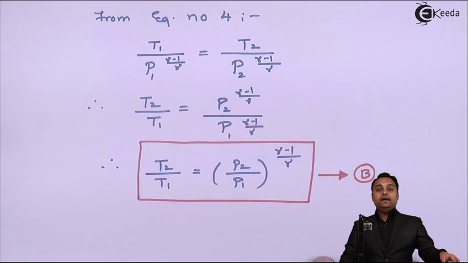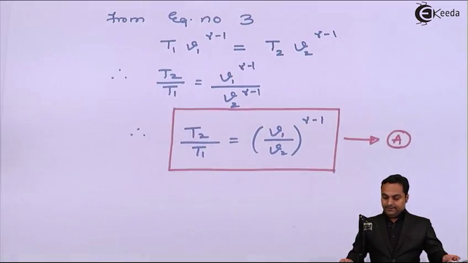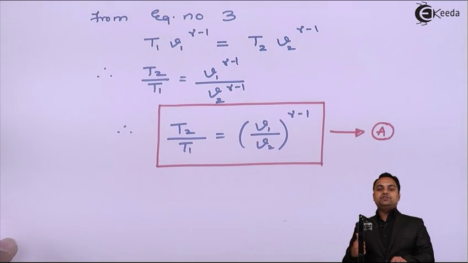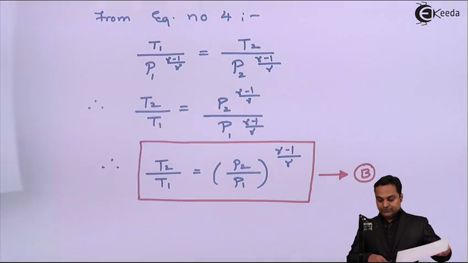Now I'll be combining equations A and B to give the relation between temperature, volume and pressure for adiabatic process.